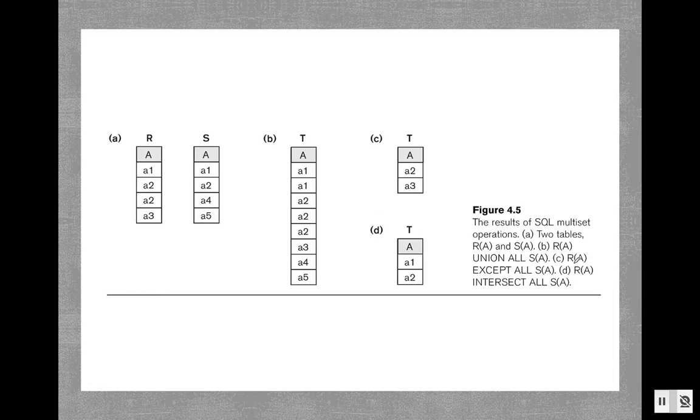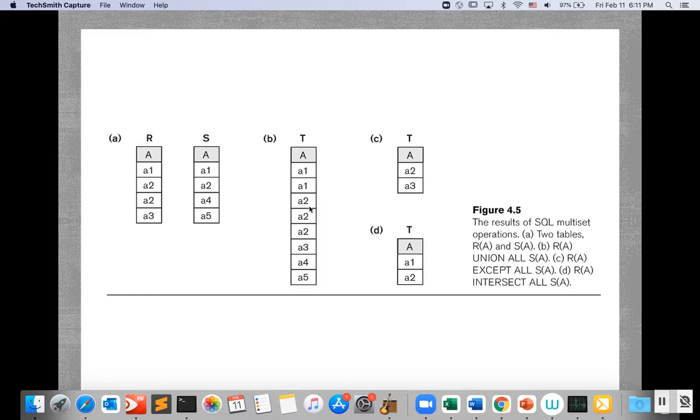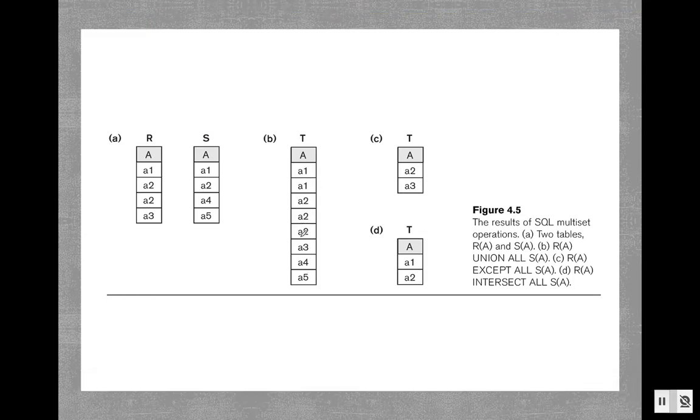Now if I union all R and S, here I have 4 records and here I have 4 records, so union all should have 8 records. 1, 2, 3, 4, 5, 6, 7, 8. So I'm going to union all of them. This is not going to eliminate the duplicate values, that's the idea.